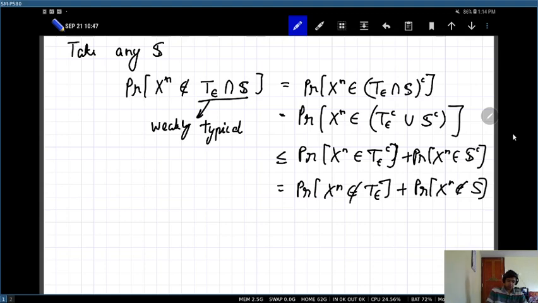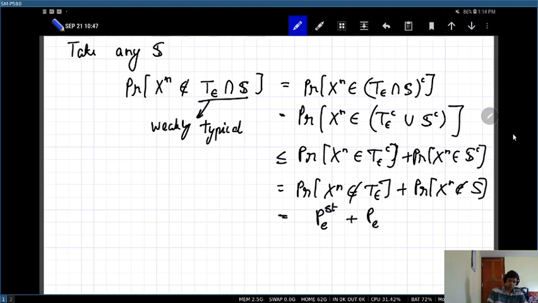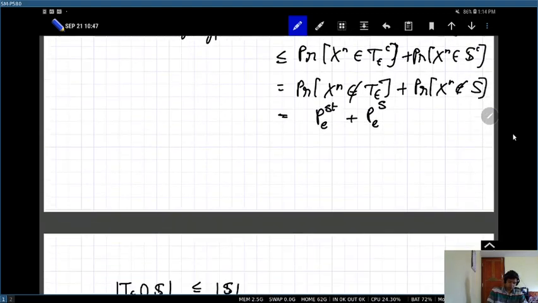But what are these quantities? So this is equal to the probability of error of the compression scheme using the strongly typical set plus the probability of error of the fixed length compression scheme described by S, right? And if you have any S which is good, then this probability of error P_e of S should also tend to 0 as n tends to infinity. Okay, so this is one thing.